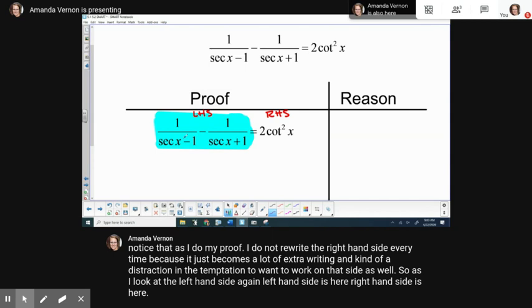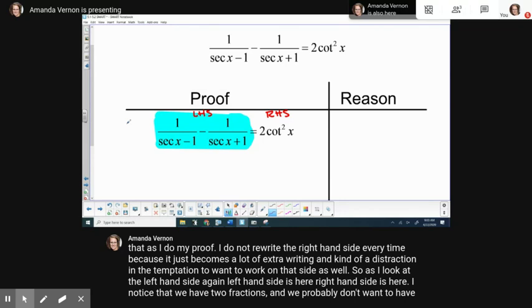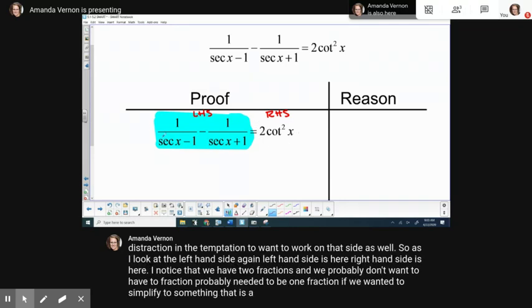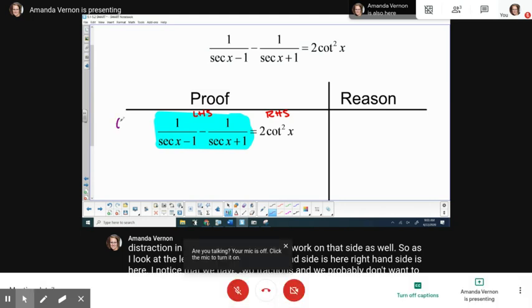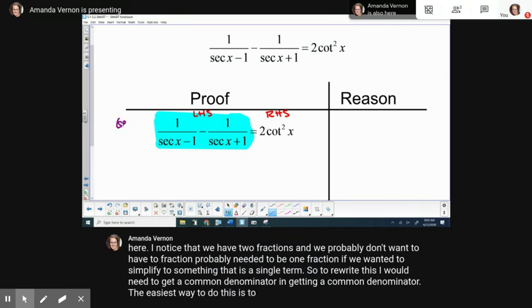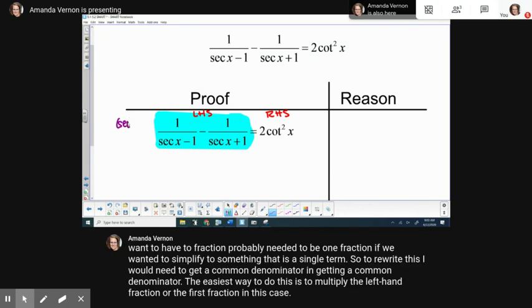As I look at the left-hand side, I notice that we have two fractions, and we probably don't want to have two fractions. We probably need it to be one fraction if we wanted to simplify to something that is a single term. So to rewrite this, I would need to get a common denominator. The easiest way to do this is to multiply the first fraction by the denominator of the second fraction.